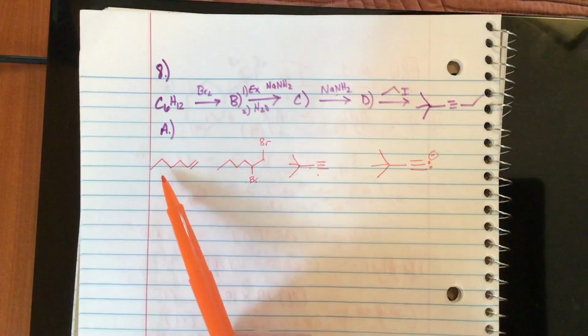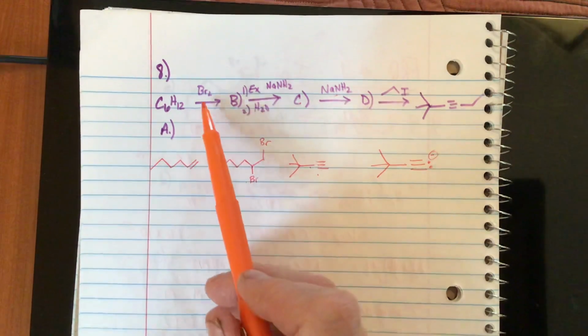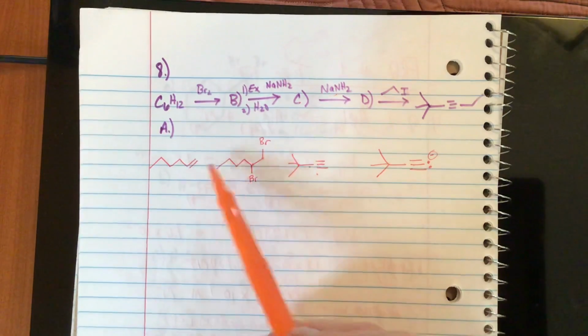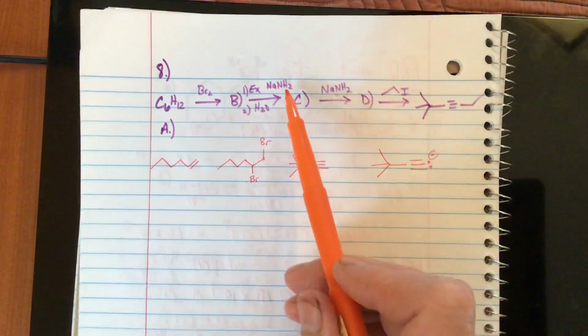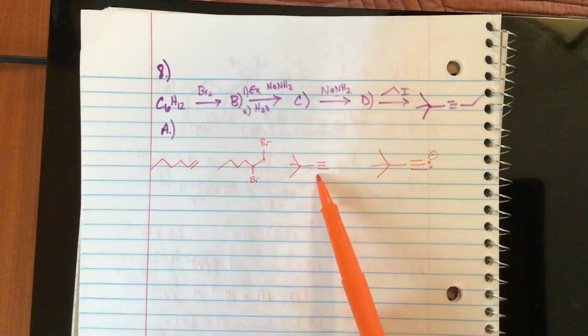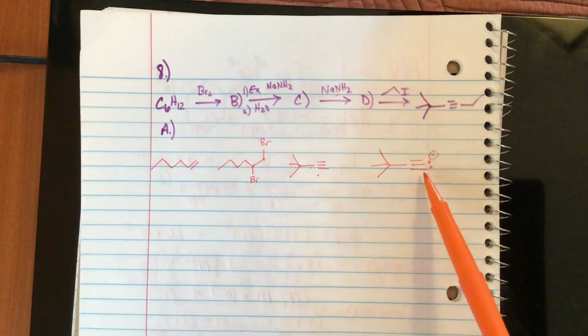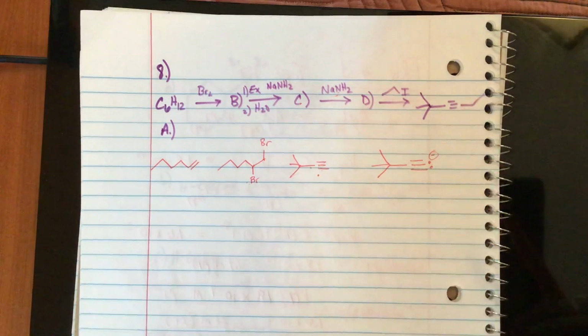So we have hexene reacted with bromine, giving bromine anti-addition across the pi bond, and then the strong base and water gave us the alkyne, and then the strong base and ethyl iodide gives us the final product. And that's 8.